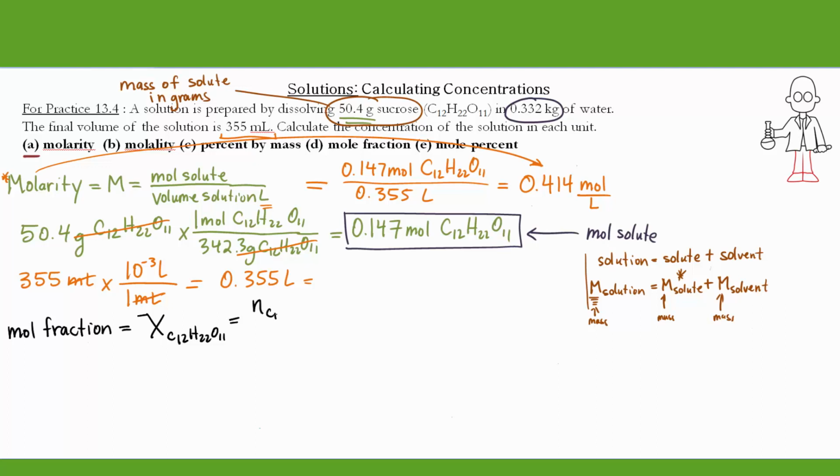N of C12H22O11 divided by N of C12H22O11 plus N of H2O. So this is the solute.